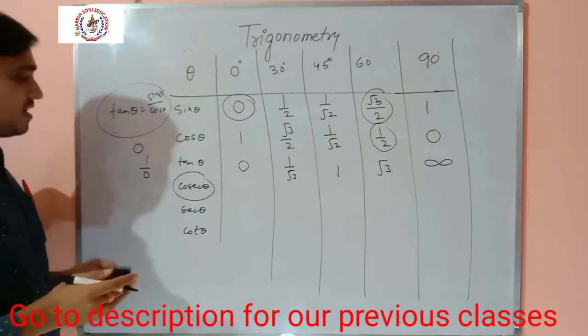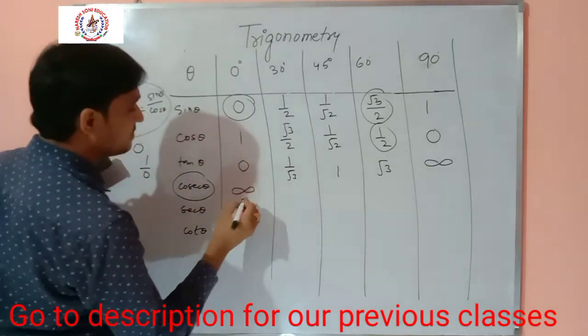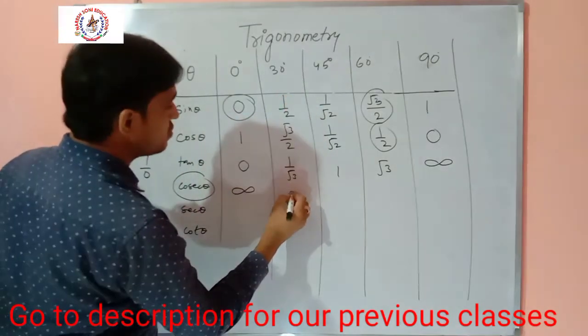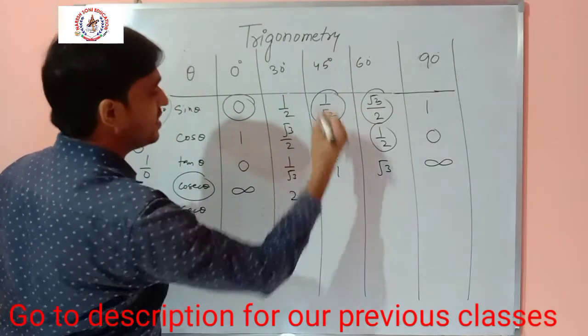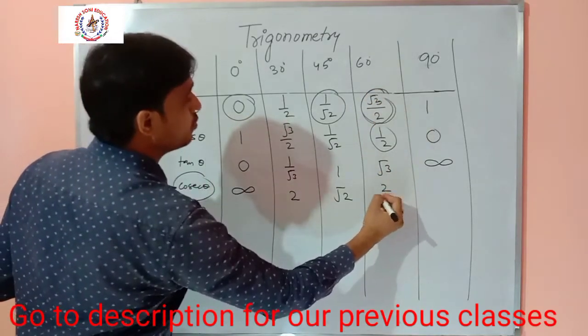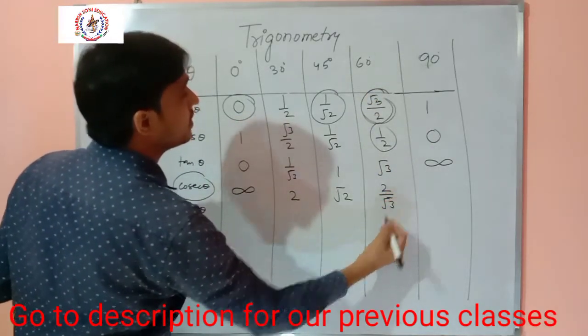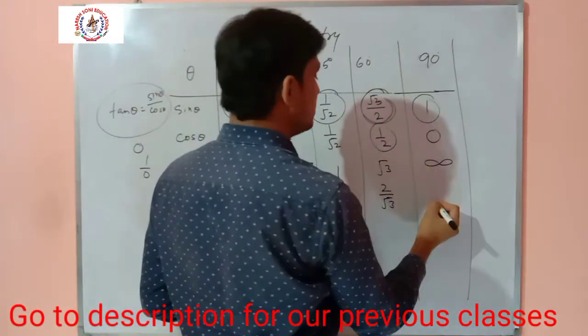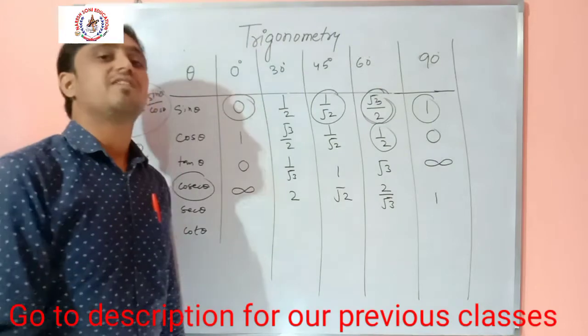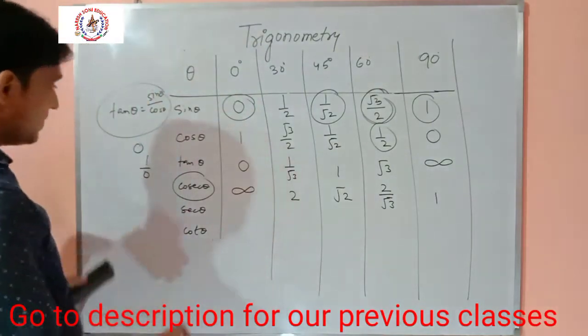So 1 upon 0 is infinite. Understood? Inverse of 1 by 2 is 2. Inverse of this one is under root 2. Inverse of this one is 2 upon under root 3. And inverse of this one is 1. What is the inverse of 1? That is itself 1. Okay.